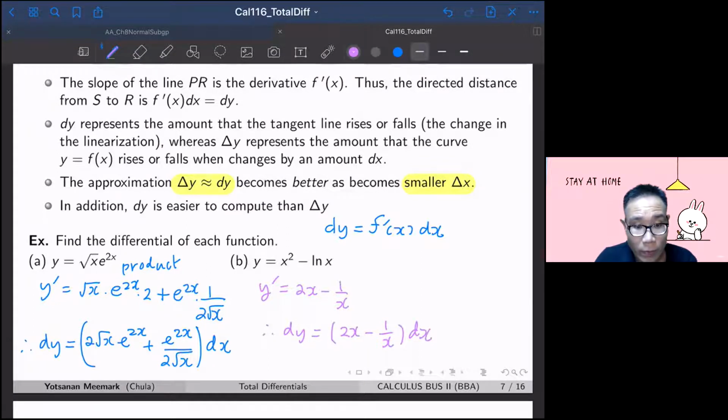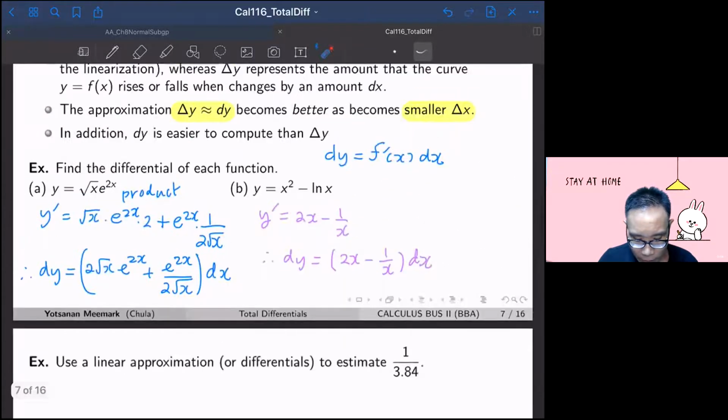This is the thing that we use to approximate the change in y when the change in x is small. However, this delta y is normally difficult to compute, and we use dy instead.